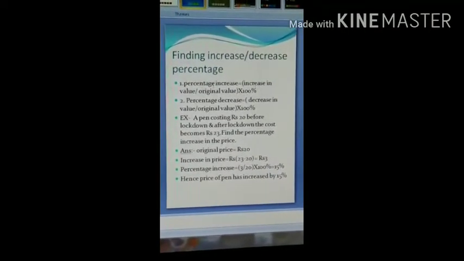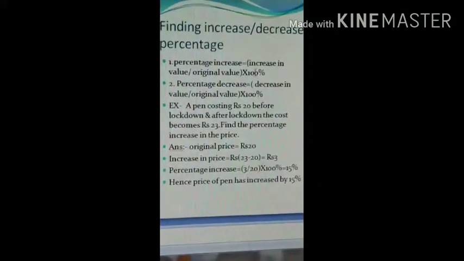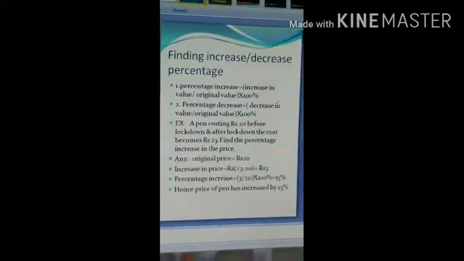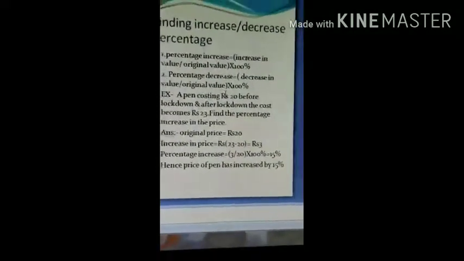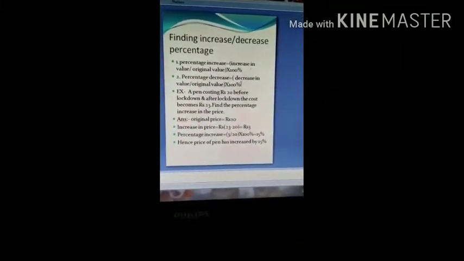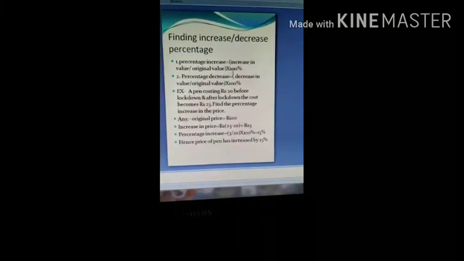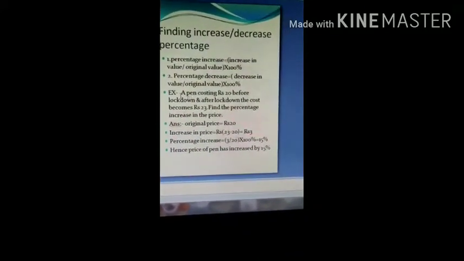In a similar way, in case of decrease percentage, instead of increase we put the decrease in value divided by the original value into 100, and put the percentage symbol. We can also illustrate it with the following example.